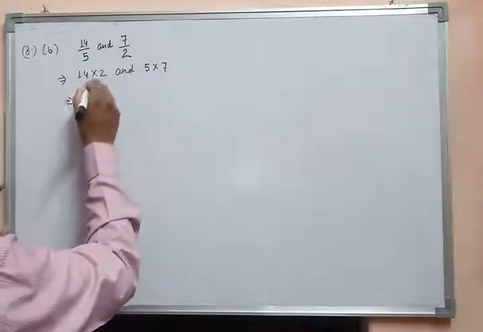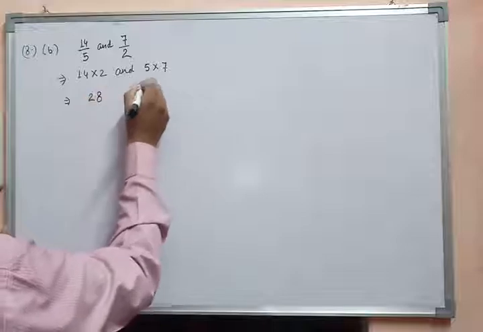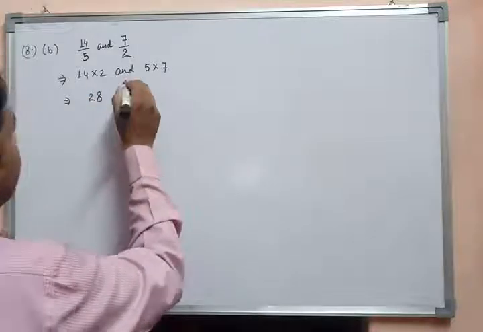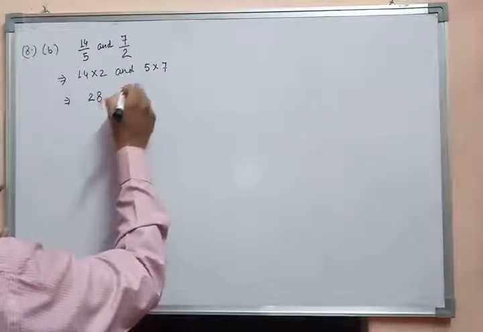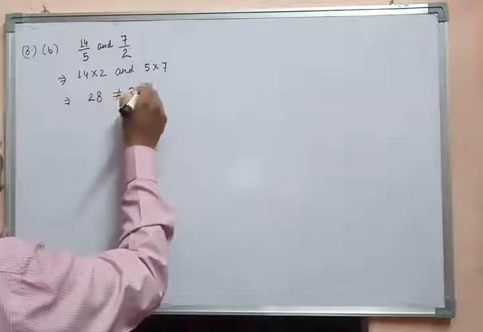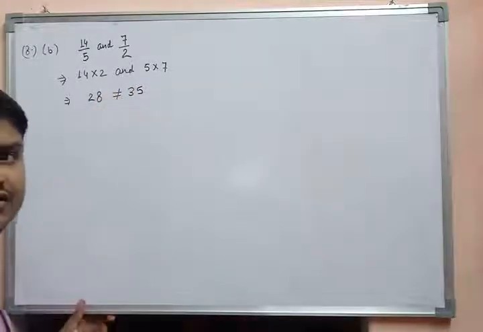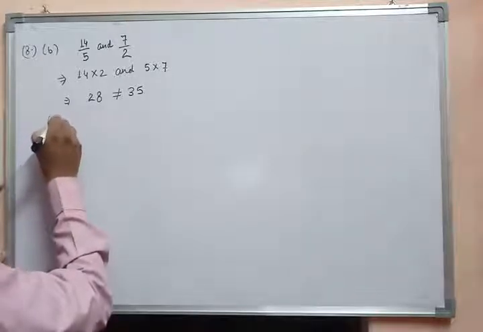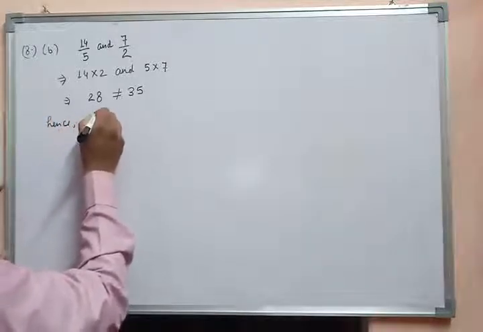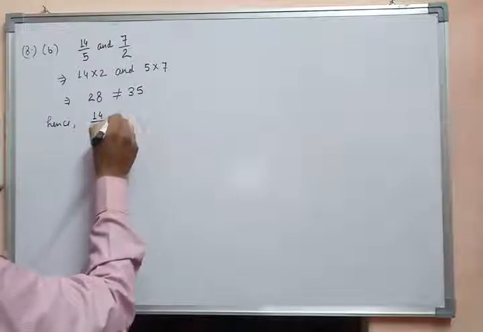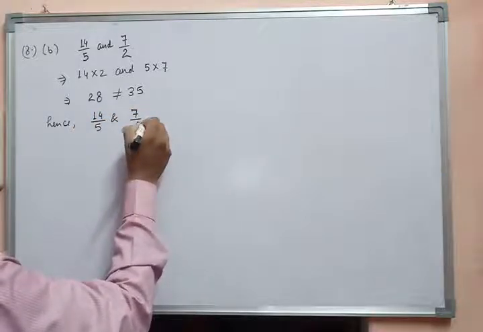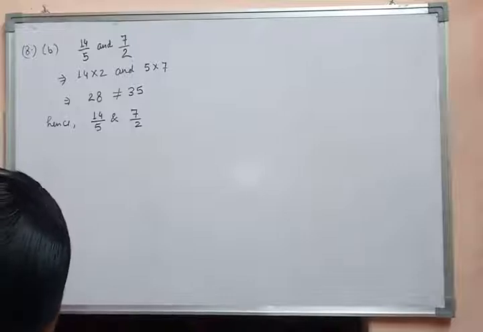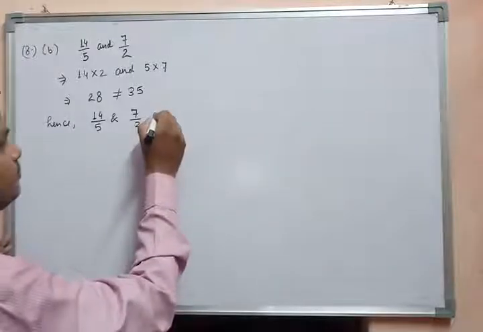Then you will get 14 times 2 is 28 and 7 times 5 is 35. So both the products are not equal on both sides, so you can say that 14 upon 5 and 7 upon 2 are not equivalent.